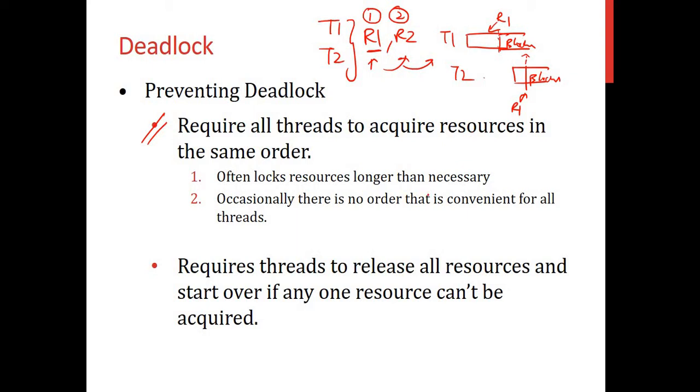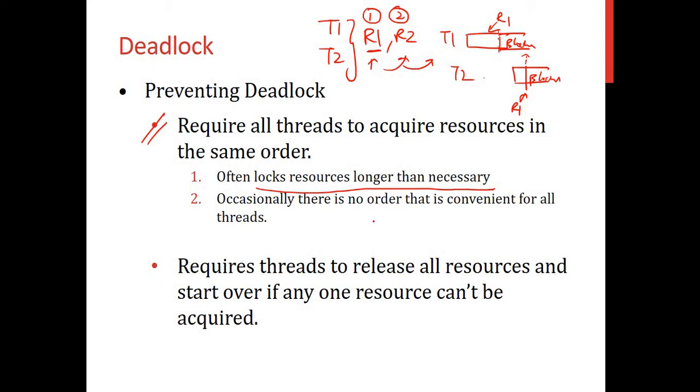Of course, the drawback would be in some of these cases we may end up locking resources longer than necessary. So again, maybe at this point in time R1 is not needed, but because R1 is part of the whole package of resources that I need, I will want to acquire it upfront.